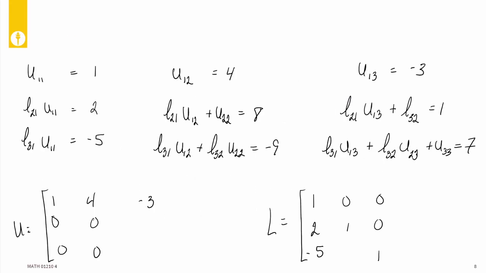Oh, that's all right. I'll just keep going and see what I get. So he said L21 is 2, U1, so that's -6. So L32 would have to be 7.